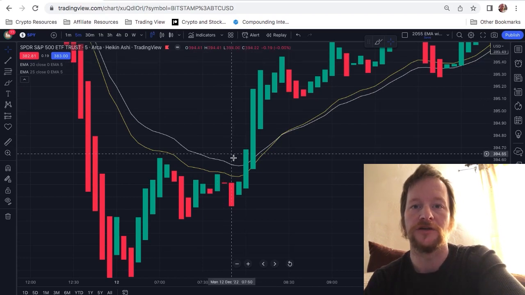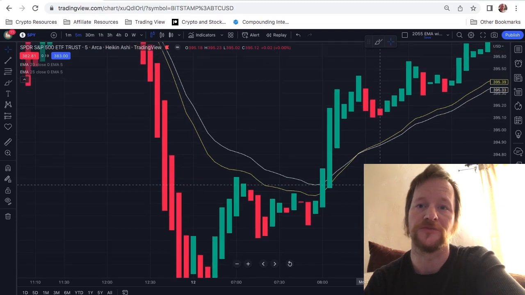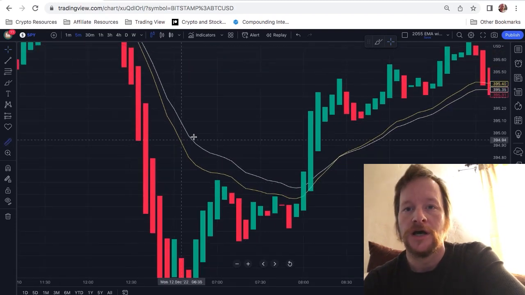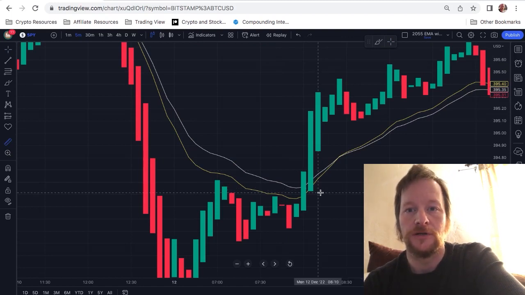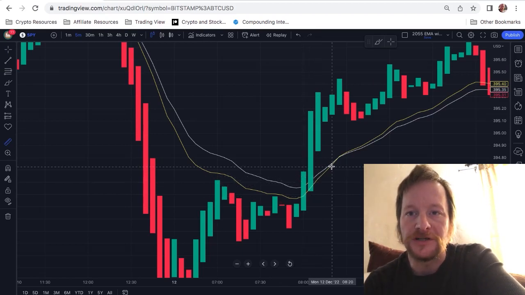What we can do if we're doing options trading, you want to focus on this. To do it with options trading, you'll probably have to get in a little early, because by the time it crosses right here, the candle's already going to be right here.